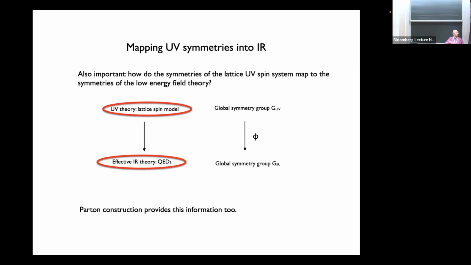It's SO6, Pin-Q1 mod Z2, and discrete symmetries. So there must be an embedding, a mapping of the global lattice symmetry group to the IR symmetry group of the field theory. And this information can be read off once we have this parton construction. So that's one of the advantages of having this.